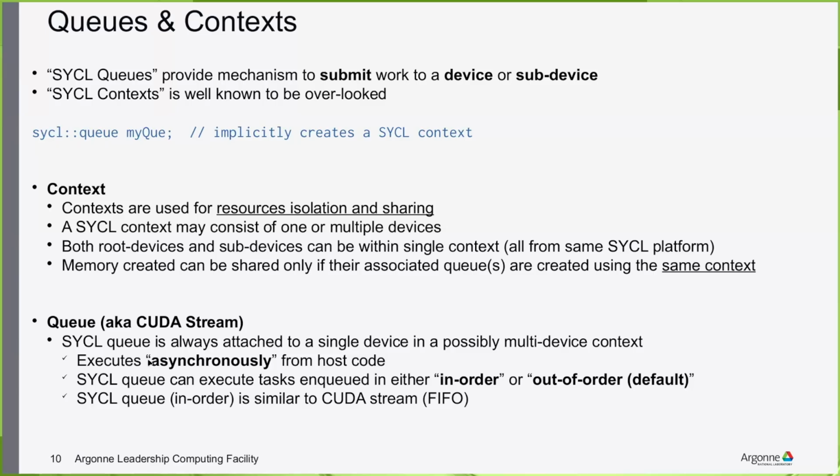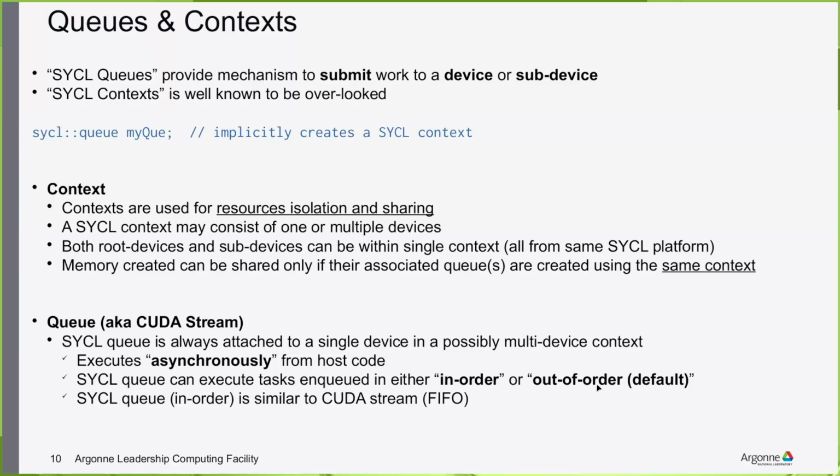As in any GPU programming model, all work is asynchronous with respect to the host. It's like fire and forget. When you submit a kernel, it is asynchronous with respect to the host. Similarly, when you submit a data transfer, it is asynchronous with respect to the host. As I was saying earlier, a SYCL queue can execute in any order, so out of order is the default.